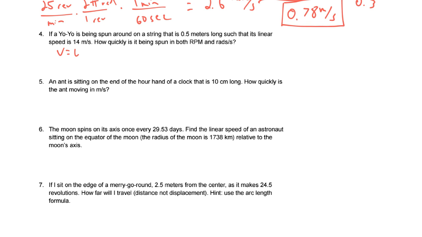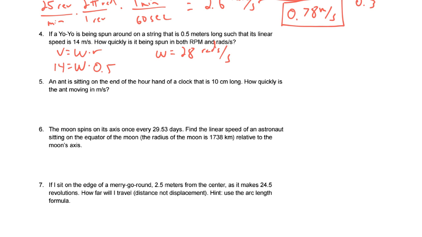V equals WR. This time we've got the V: 14 equals our angular velocity times our radius, which we're also told is 0.5. Multiply both sides by 2, and we get that W equals 28 rads per second. So that's our rads per second answer.